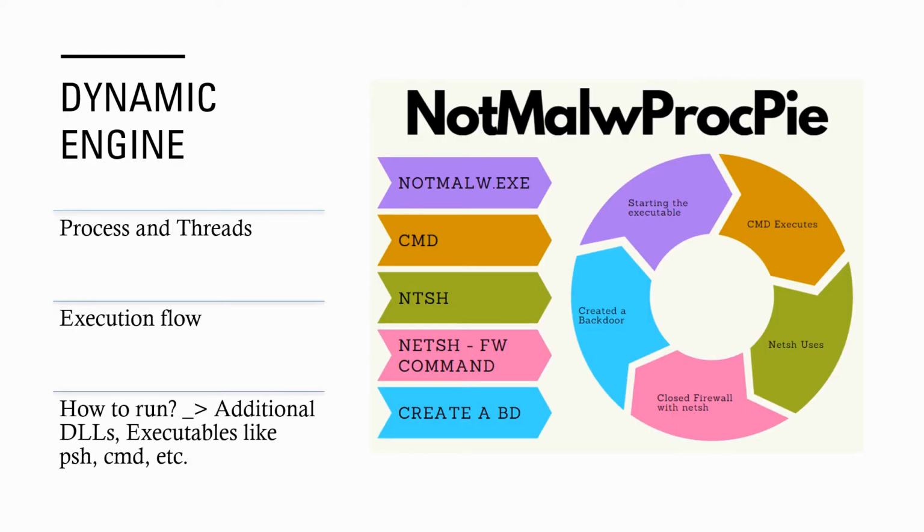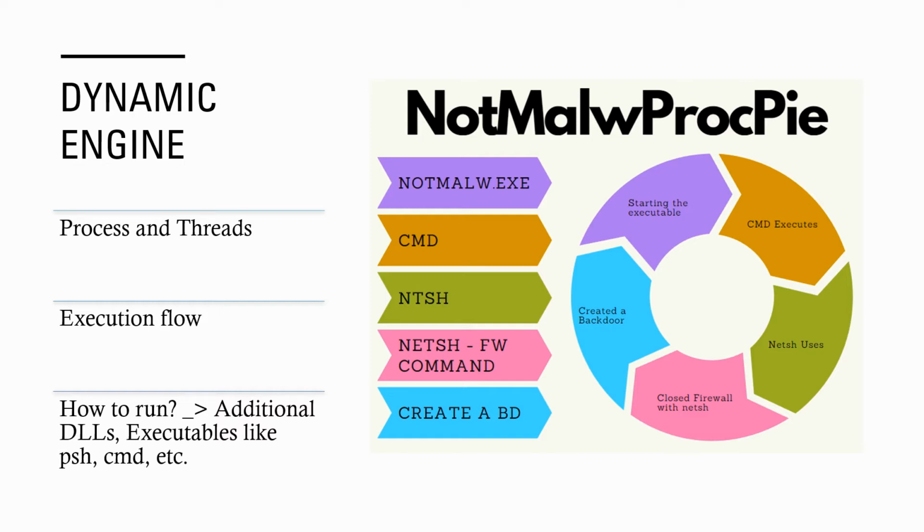Another engine is the dynamic engine. The dynamic one checks the functions, execution types, and flows, like using normal process injection techniques, or processes and threads, loaded DLLs, and used executables. In this example, netsh, maybe we can say that.